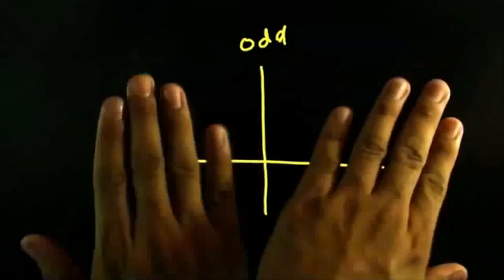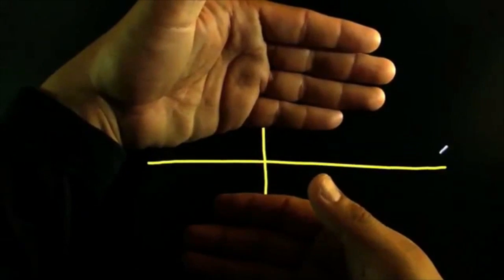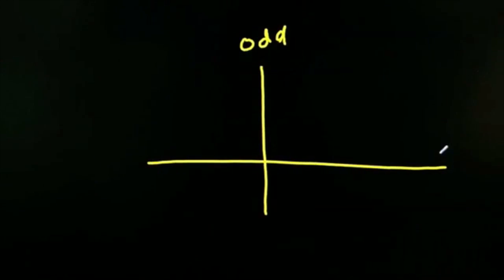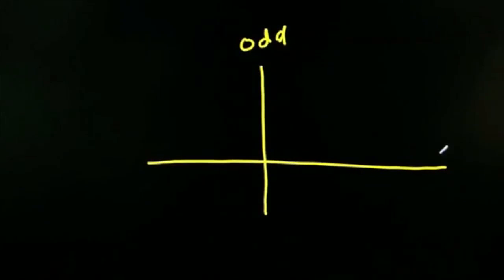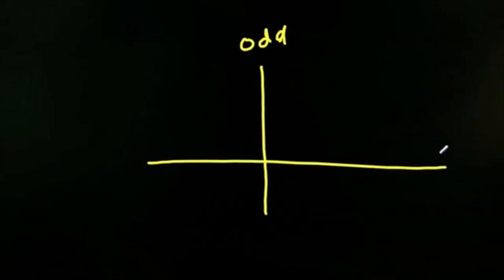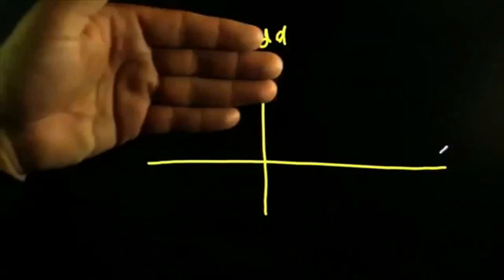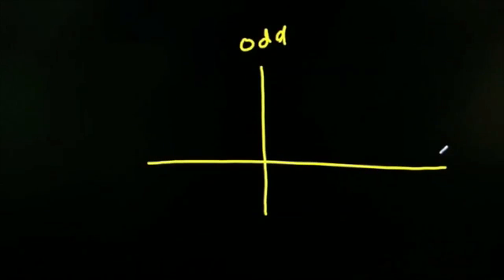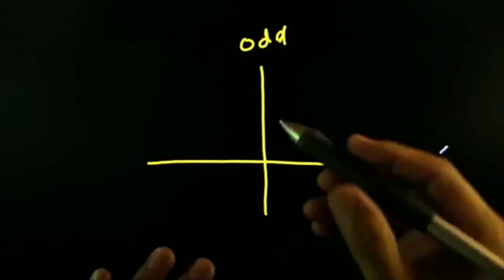But the picture would look the same as taking the positive ones and the negative ones and flipping it the other way. To flip this way is the same thing as flipping this way. Or said differently, to flip this way and then this way leaves you back with the original graph. I'll say it again: to flip this way and then this way leaves you back with something equivalent to the original graph. And that's another characterization of odd functions.